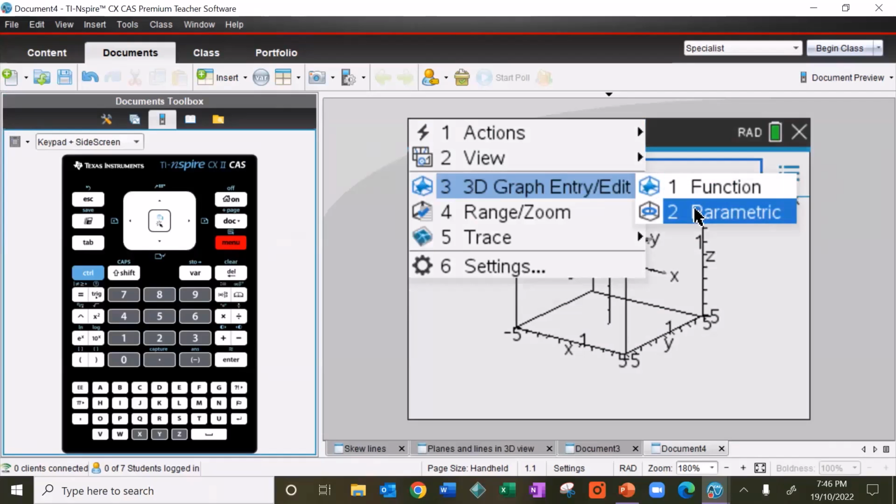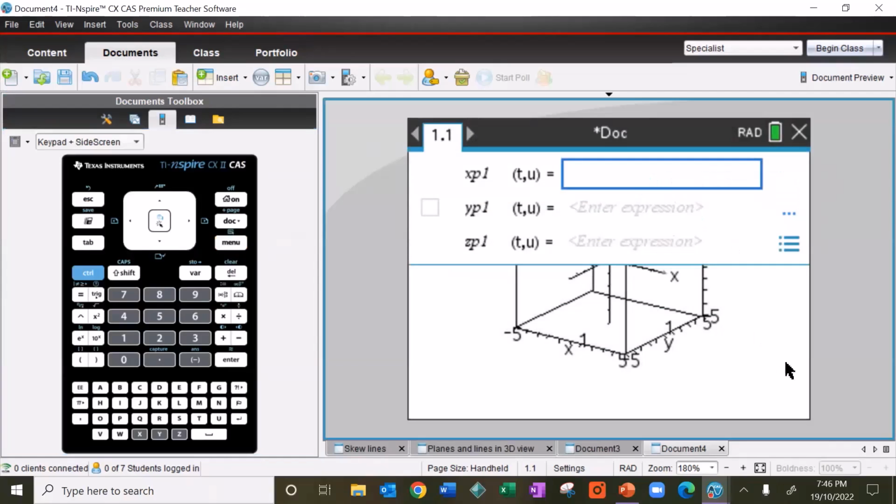But if I wish to draw a straight line, I will use the parametric entry. So this is a parametric entry for the straight line. Let's draw one of those lines.